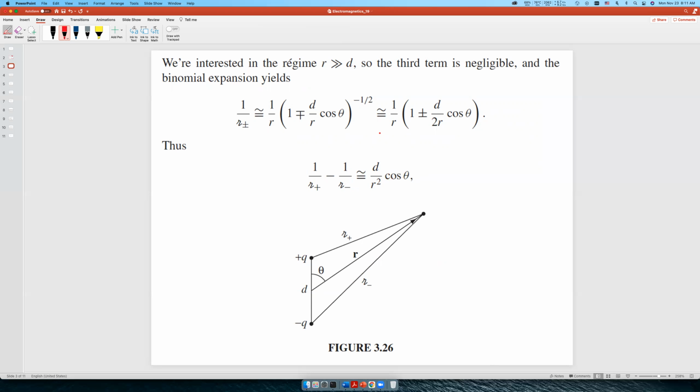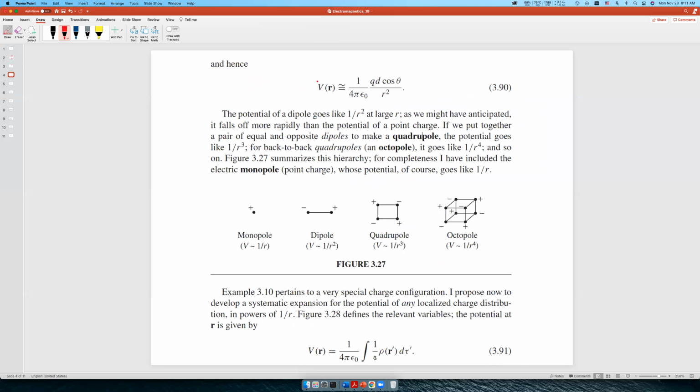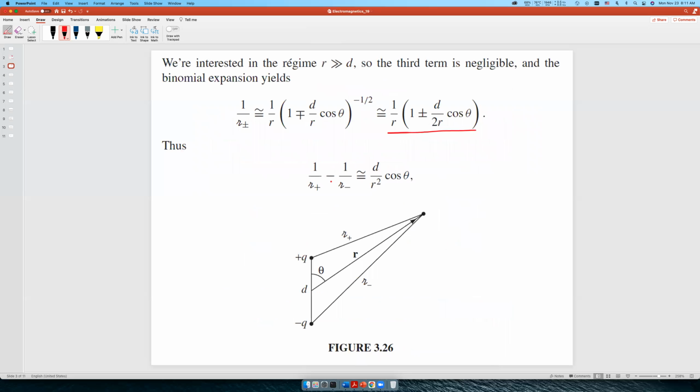Based on this approximation, you will get this equation here. Then V will be 1 over 4 pi epsilon times q d cosine theta over R squared.